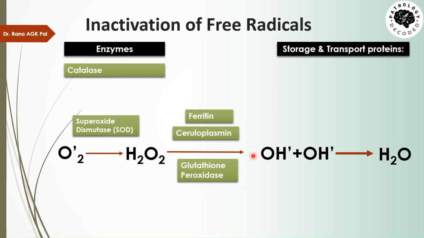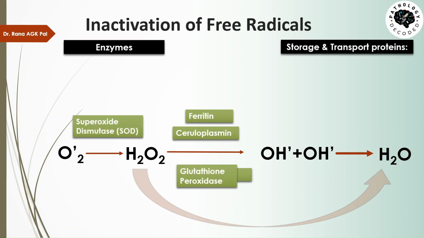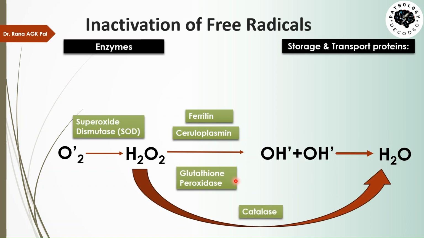Now here you might say that this is a hydroxyl ion, but this is a very temporary phase. These two hydroxyl ions combine together and then they are reduced to water. So basically these reactions help in converting hydrogen peroxide simply to a water molecule. This formation of the water molecule can straight away also occur by the conversion of hydrogen peroxide directly to water by the catalase enzyme.